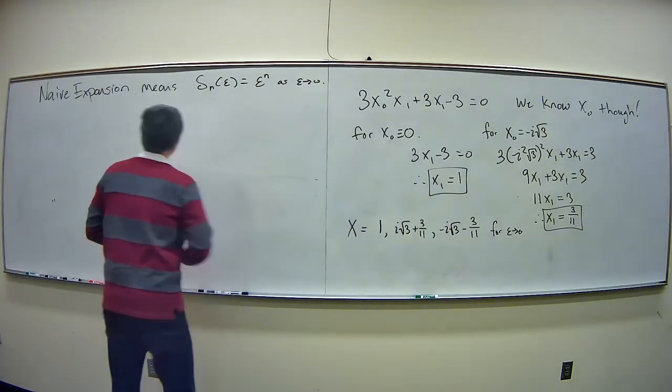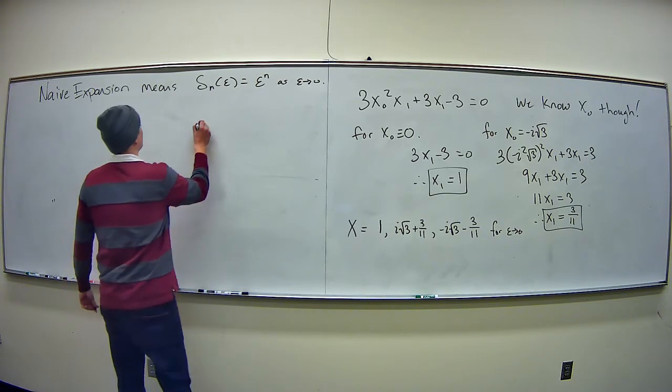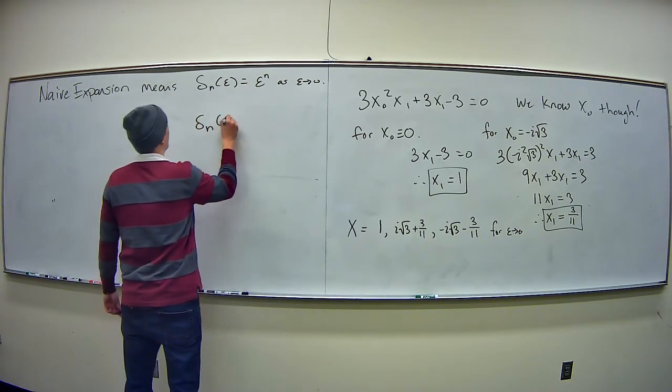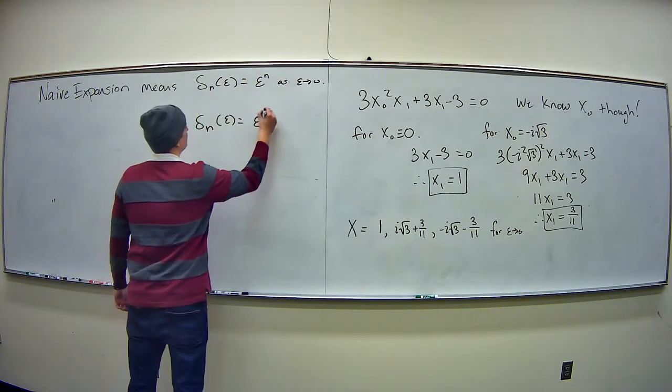It's called naive because sometimes this will fail because similarly the other valid gauge functions could be this.